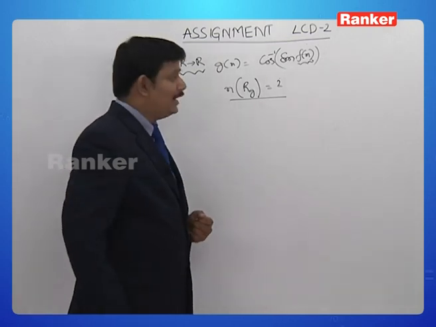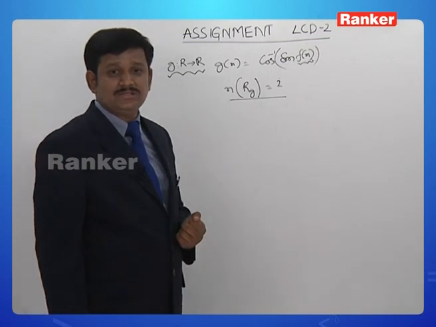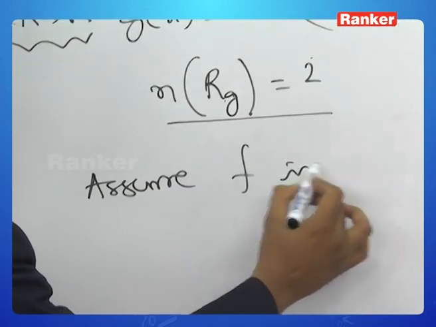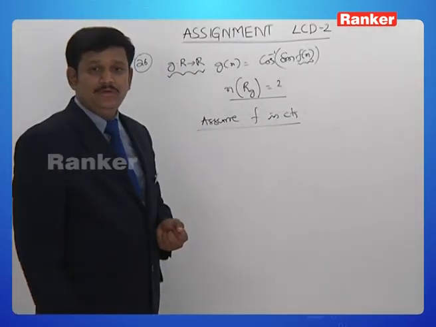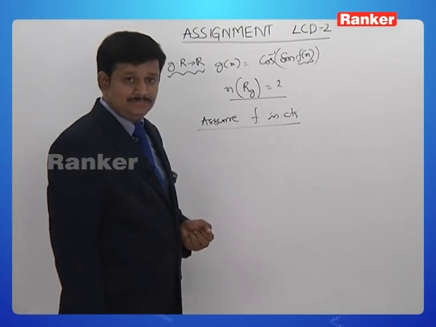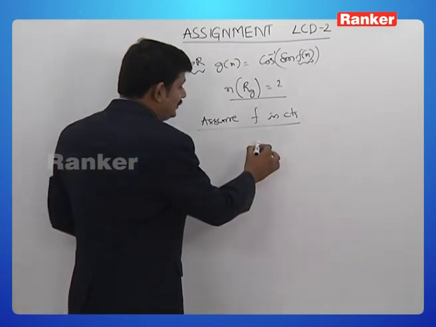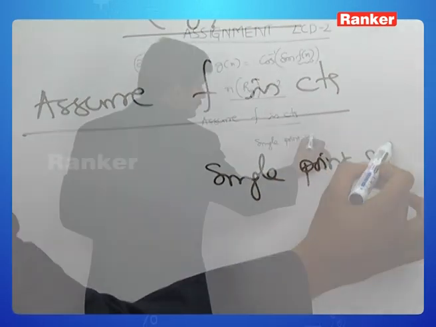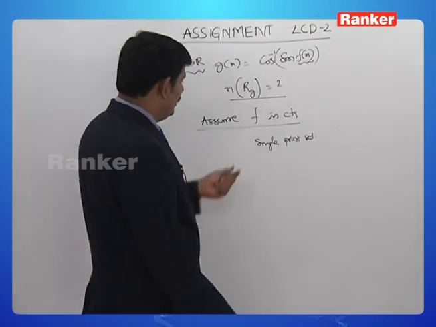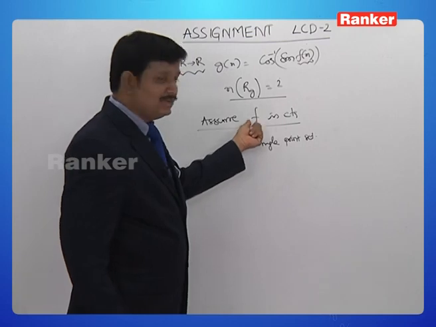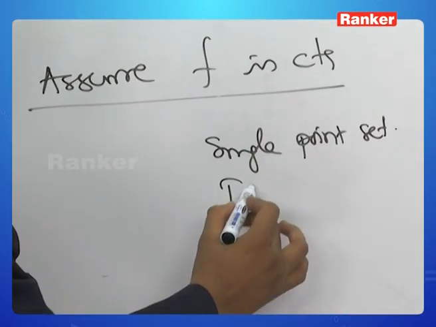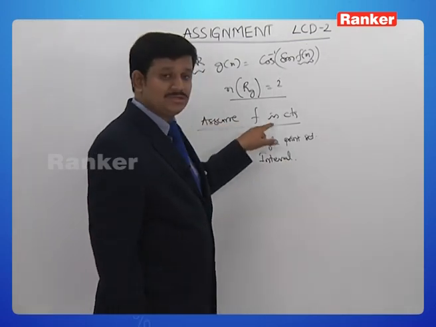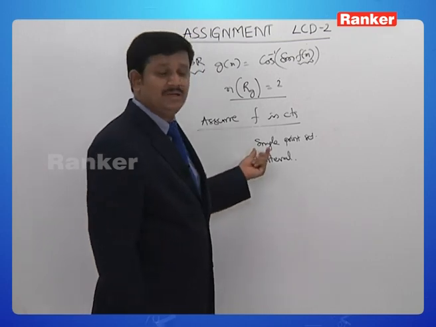Let us for a while assume that f is a continuous function. Now, a continuous function's range will either be a single point set, a singleton set with only one element in it, or it will be an interval. If it is a continuous constant function, it will have only one element in its range.